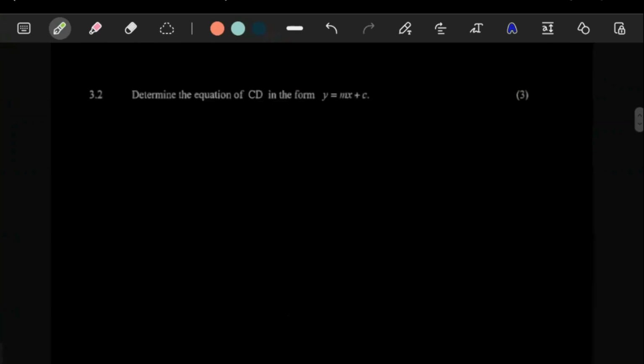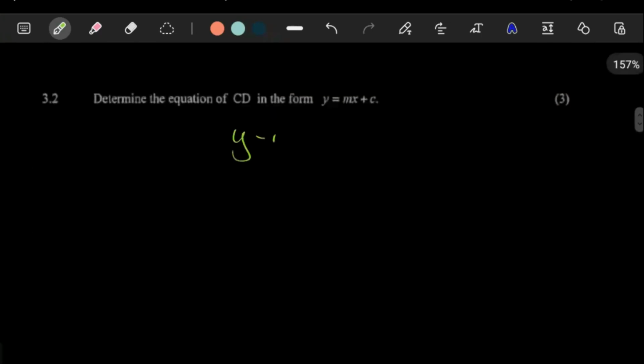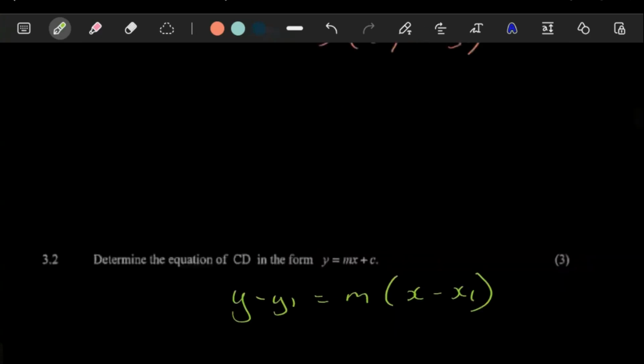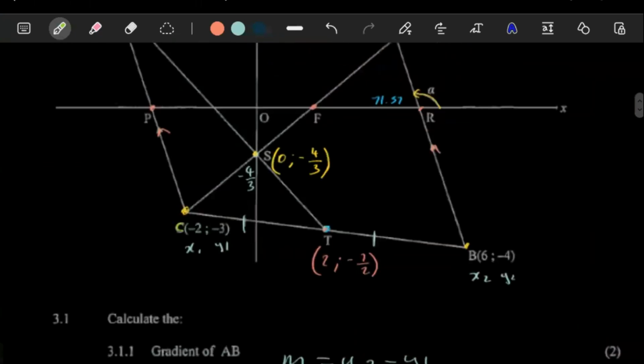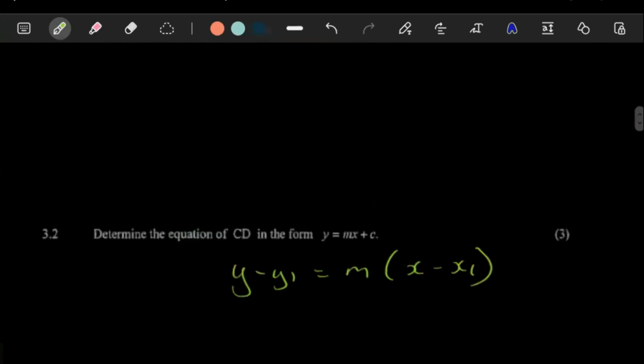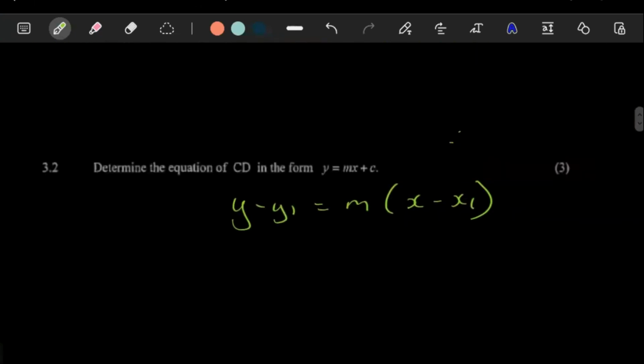The equation I normally use is y minus y1 is equal to m times x minus x1. Our x1 and y1 are negative 2 and negative 3. Gradient is negative 3, x minus negative 2, y minus negative 3.